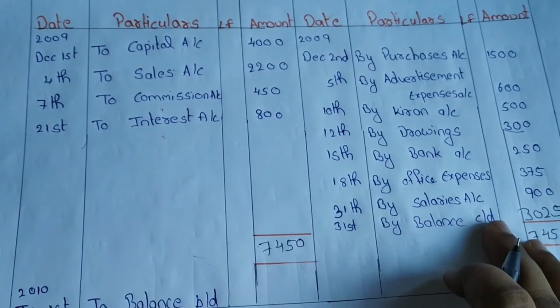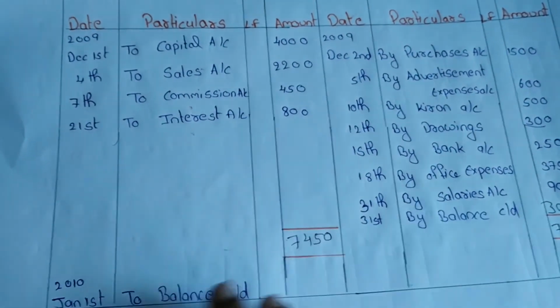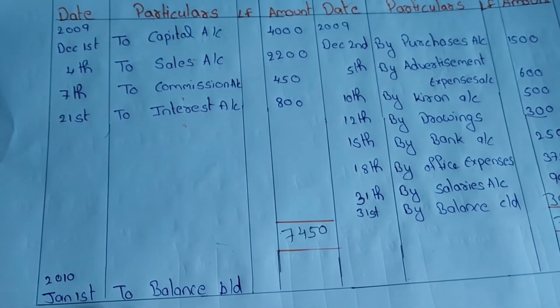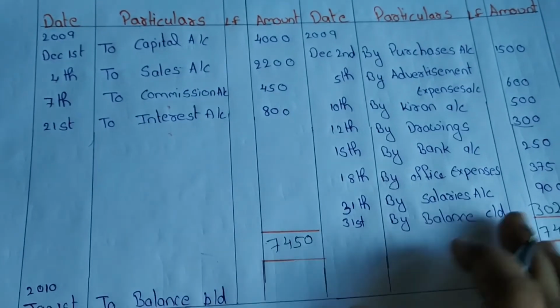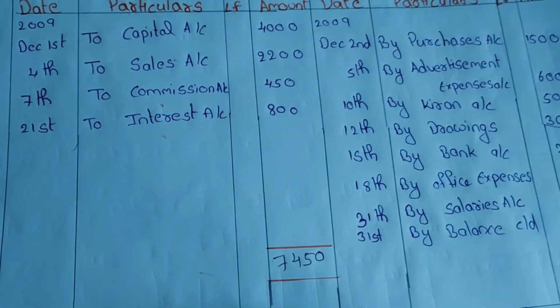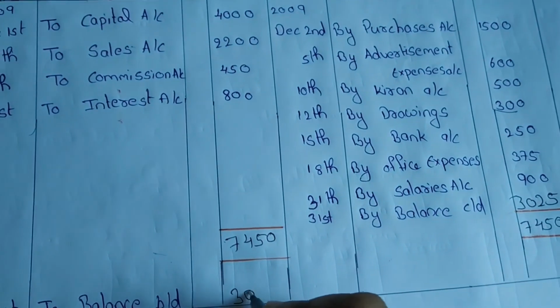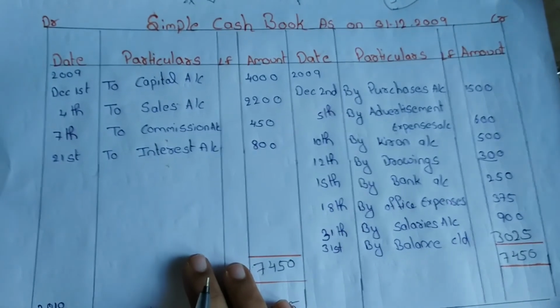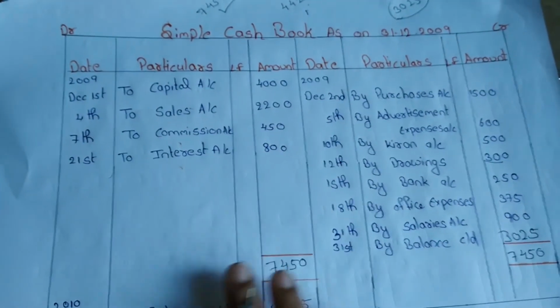This carried on balance should be brought down to next month. The next month is 2010 January 1st, so it should be recorded as brought down balance 3,025. So it's simple to prepare a simple cash book.